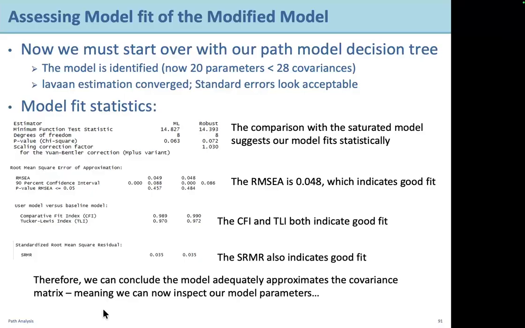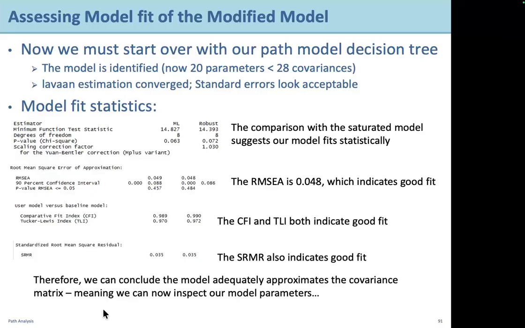Now take a look at what we have here. This is your overall model comparison with the saturated model, at the top. In the robust or scaled column, this is the old output. The numbers are the same, but the labels have changed. What this tells us is what? Once again, we had 8 degrees of freedom. Where does that come from? There are 28 covariances in the saturated model, and 20 parameters in our model.